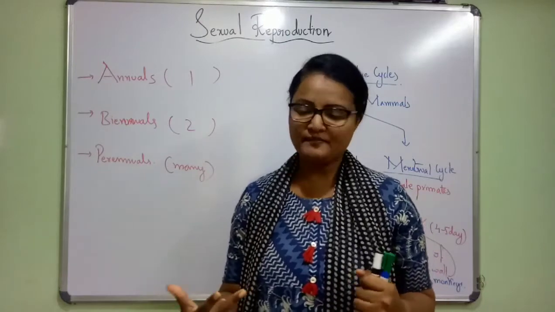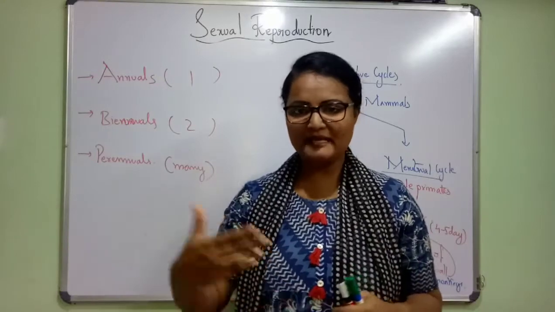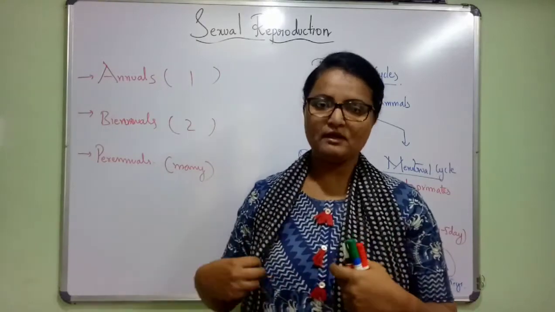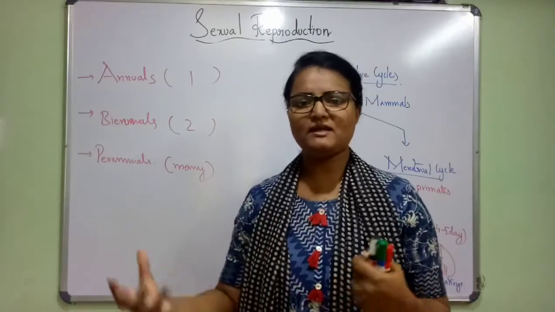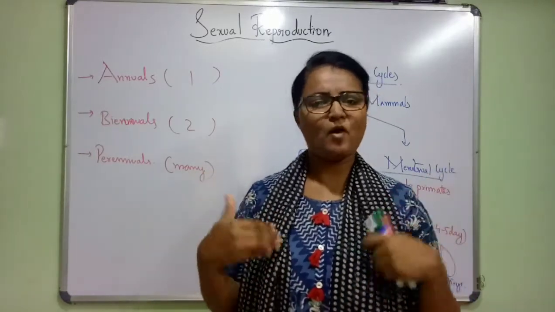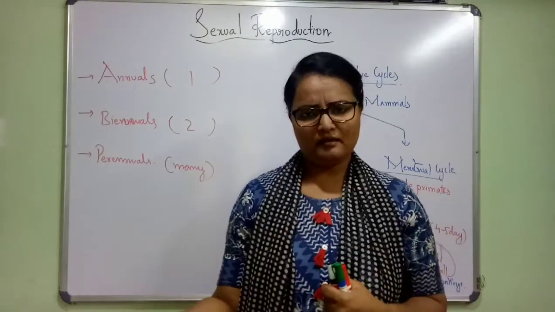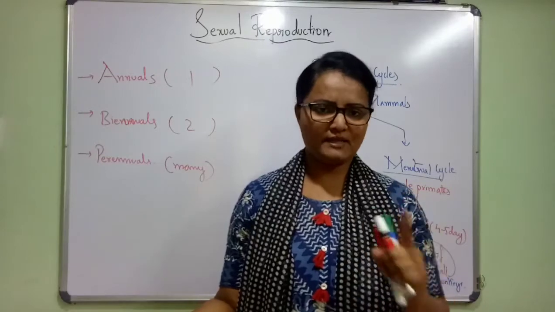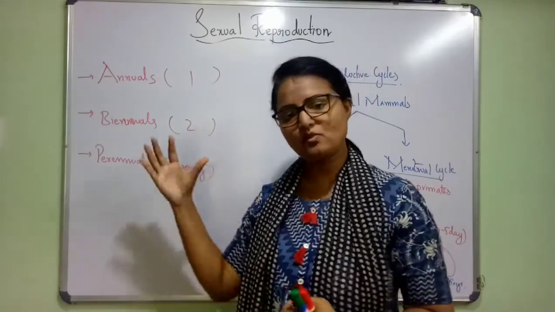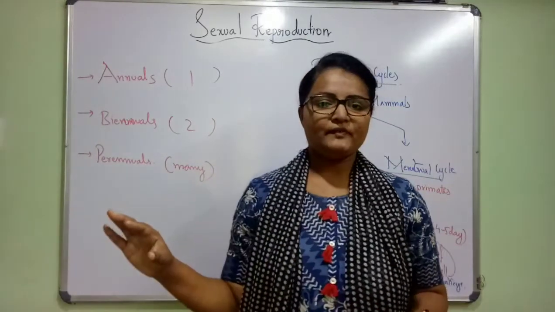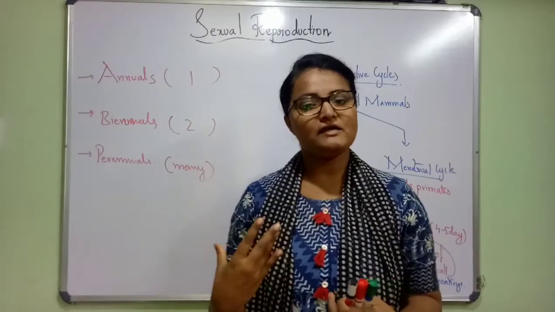Perennials live for many years, so they may be polycarpic or monocarpic: flowering once is monocarpic, flowering many times is polycarpic. These are the types of plants based on their life span.